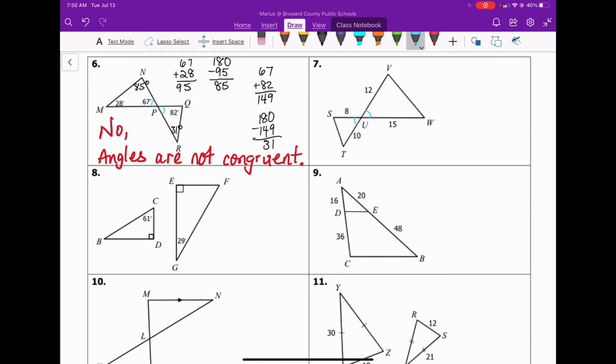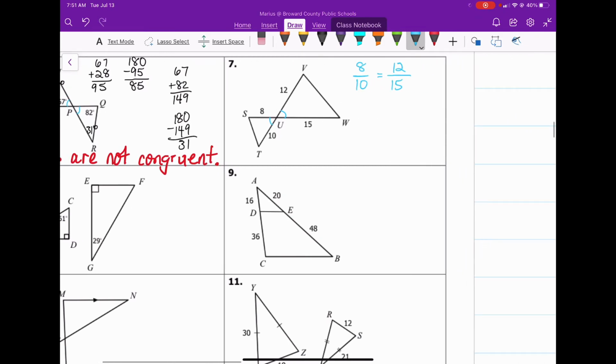So for the smaller triangle, I'll do 8 over 10 is equal to 12 over 15.